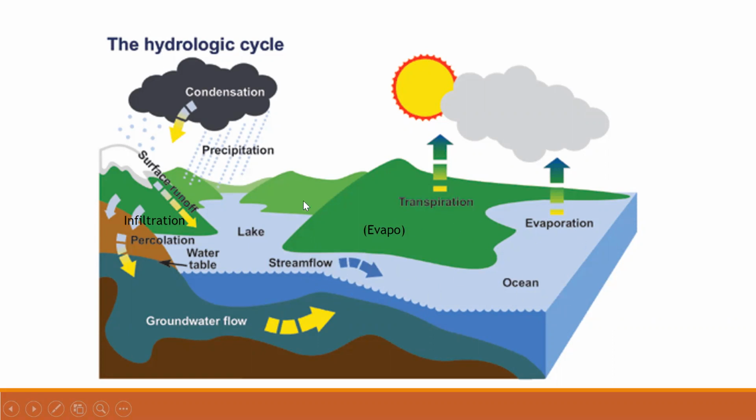From all of these surfaces, we're going to have evaporation happening directly off of the surface of water. And then transpiration, which is the evaporation that's coming out of leaves. So you might recall that plants need water to photosynthesize, and the back of leaves have these little openings in them that we call stomata.